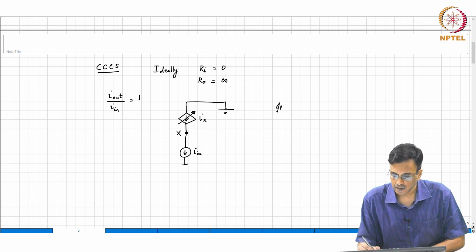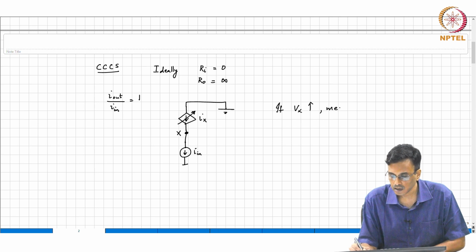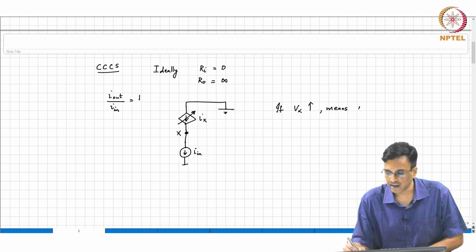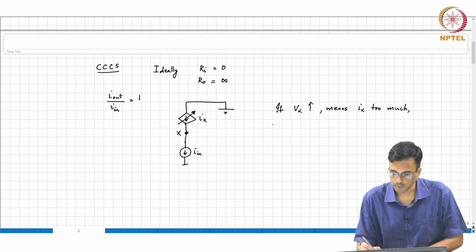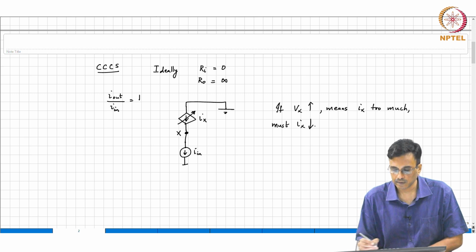So, if Vx goes up, what does it mean? It means that Ix is too much, and therefore, what must you do? Must reduce Ix.